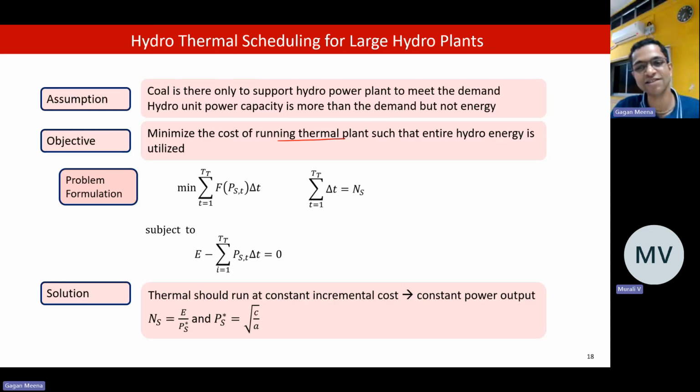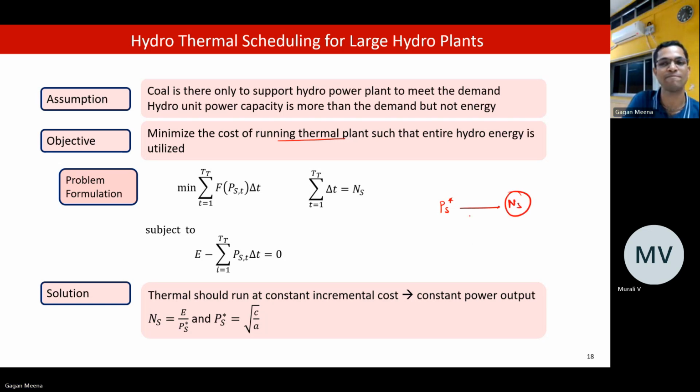If incremental cost is constant, that means the output is constant for the thermal generator. It should be generating, let's say, PS star, optimal PS, for Ns duration. So if it has to generate PS, then we can easily find out Ns.